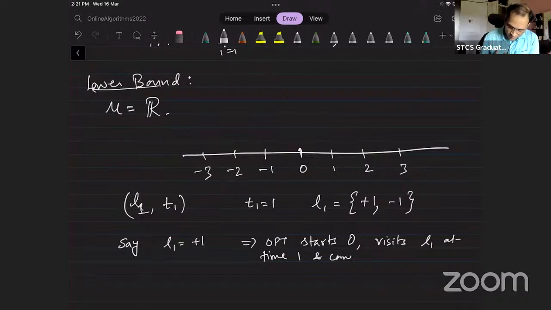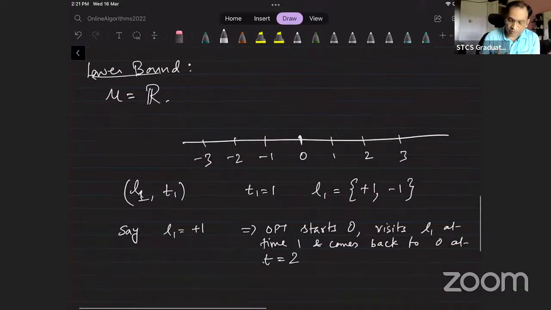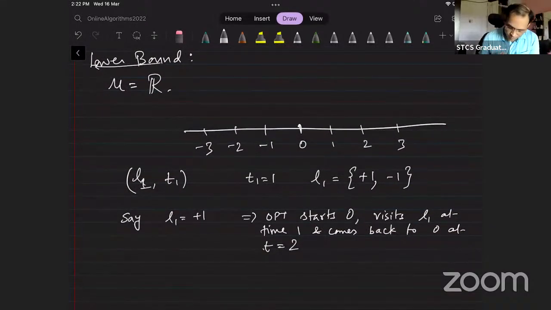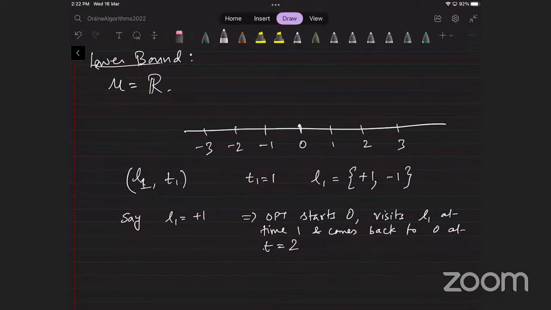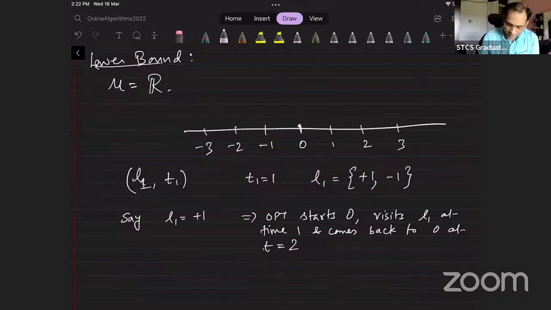And it comes back to O at time 2. So its total time taken is just 2. Now tell me, what does an online algorithm do? The online algorithm could also predict something. So if it predicts that the location is greater than 0, then I give L1 equal to -1.